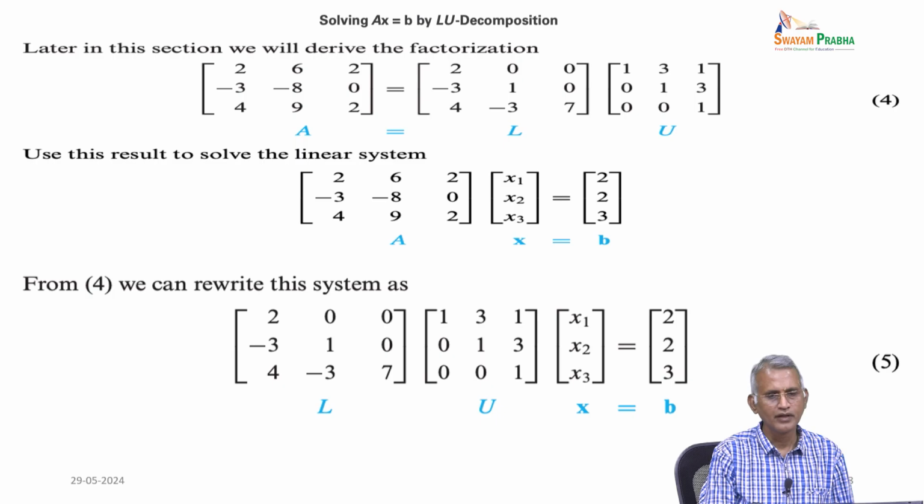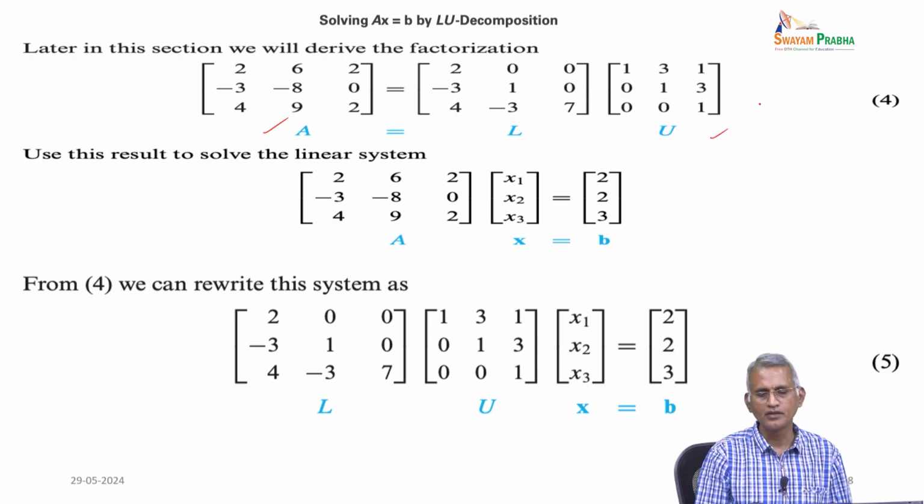Now, we have a problem solving AX equal to B by LU decomposition. So, in this section we derive the factorization, and 2 6 2, minus 3 minus 8 0, 4 9 2 is A, and the corresponding lower triangular matrix is 2 0 0, minus 3 1 0, 4 minus 3 minus 7, and upper triangular is 1 3 1, 0 1 3, 0 0 1.